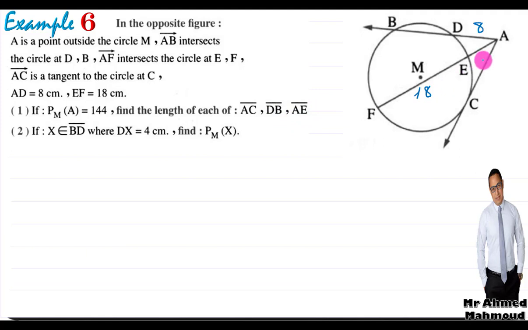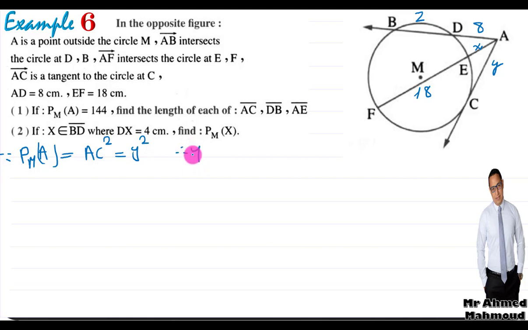For easier, I'm going to call this one X, this one Y, and this one Z. Now the power of the point A with respect to the circle M equals AC to the power of 2, so it is equal to Y to the power of 2.